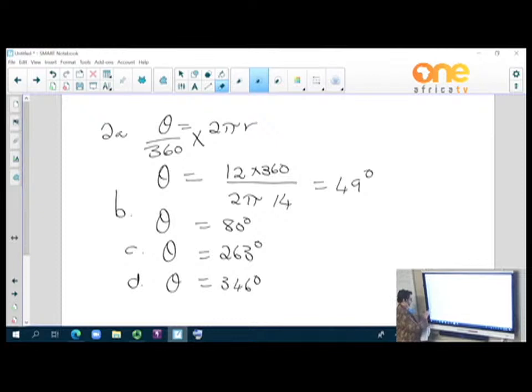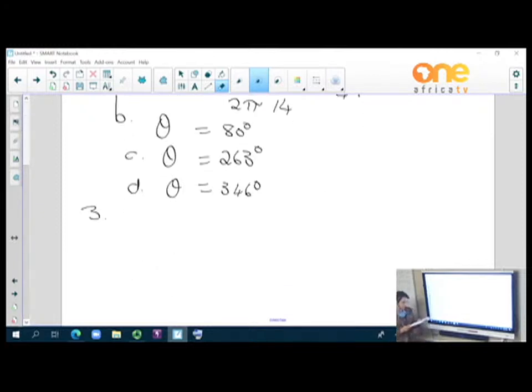Okay, now we're looking at question 3. The diagram shows the minor sector OAB of a circle. OB is the radius, which is 10, and the arc length is 21. Find angle OAB. So it's the same thing, theta over 360 of 2 pi r. What is the radius? 10, and what is the arc length? 21.